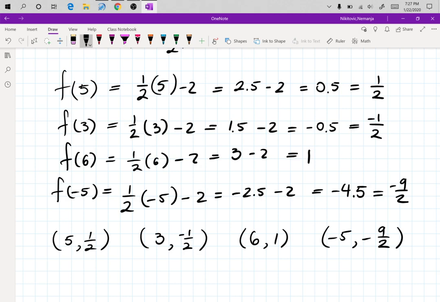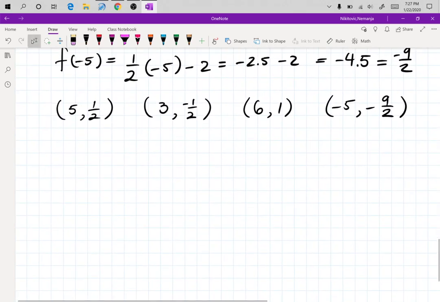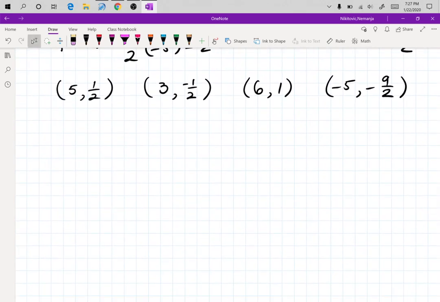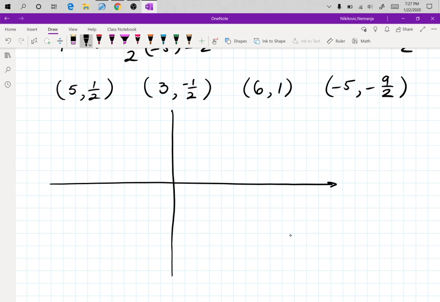Now, we are going to graph these points and connect them. This is the time where you use your square notebook for mathematics, right? We have the x-axis and the y-axis.